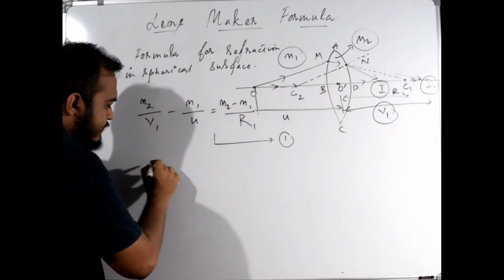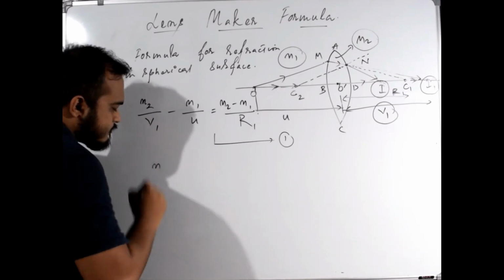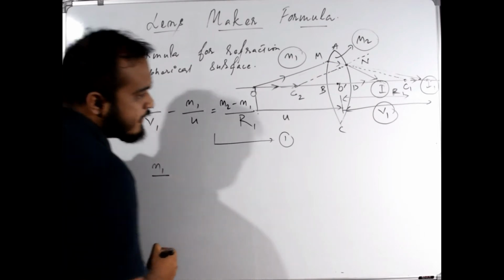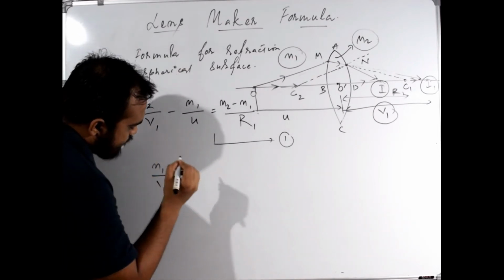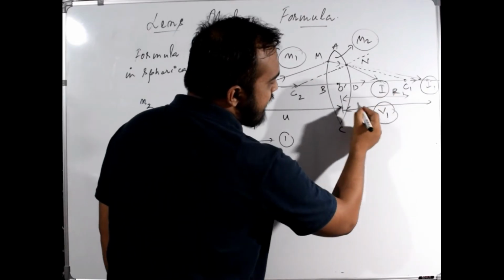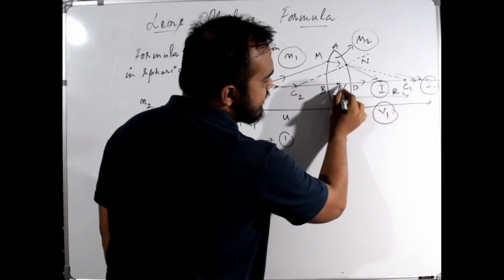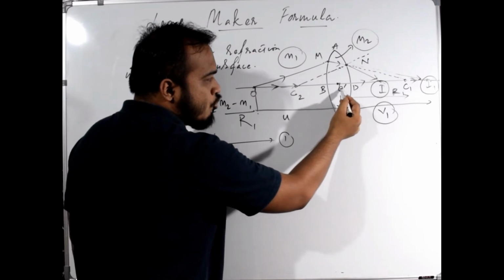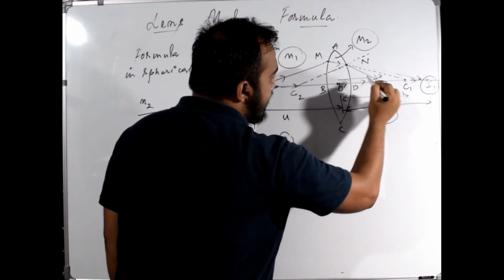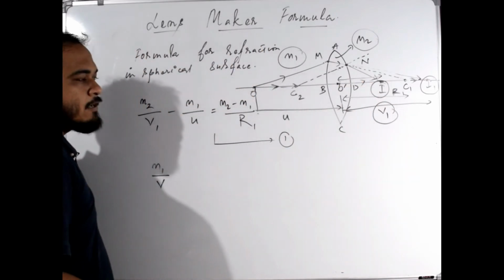We will get N1 divided by V. What is V? We will say this distance to be V, that is the distance from O dash to I.